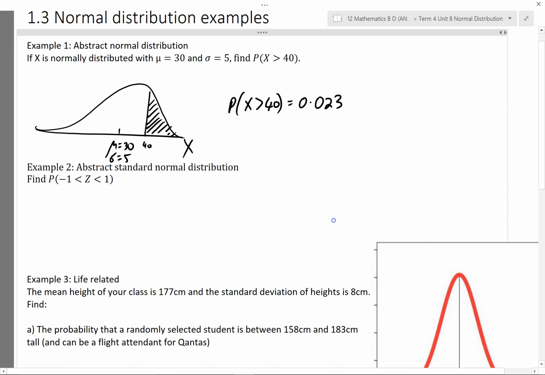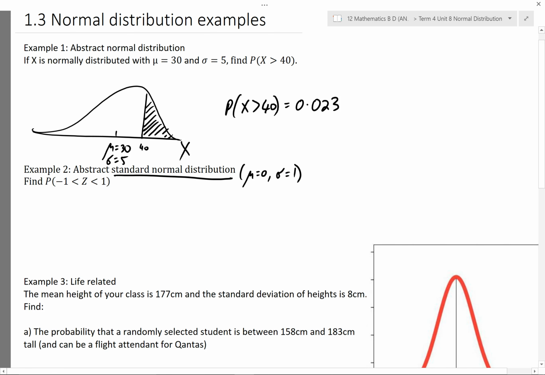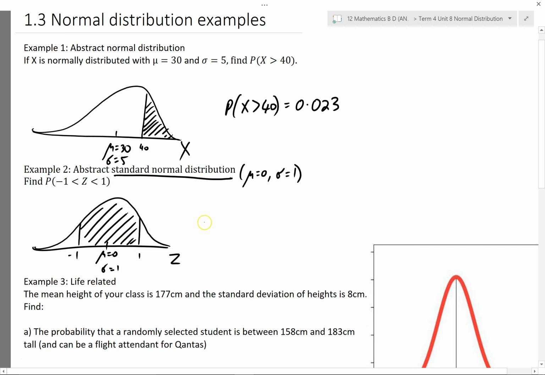Example 2, we've got an abstract standard normal distribution, which implies that my mean is 0 and my standard deviation is 1. You need to have that knowledge. Again, draw my diagram. Mean of 0, standard deviation of 1. I want to go between -1 and 1. I want to find this shaded area.